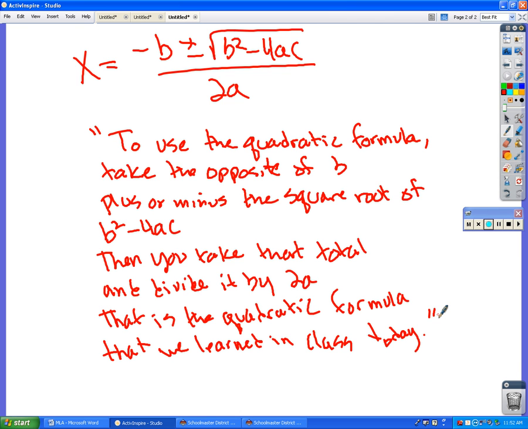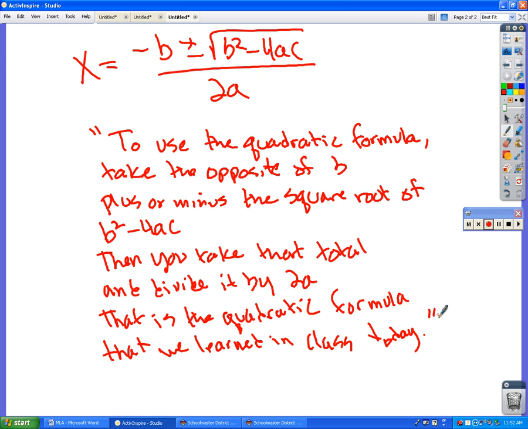Okay? So it's just an easy way to remember that complicated formula, and it's supposed to be sung to the tune of Rudolph the Red-Nosed Reindeer. So it goes, to use the quadratic formula, take the opposite of b, plus or minus the square root of b squared minus 4ac.